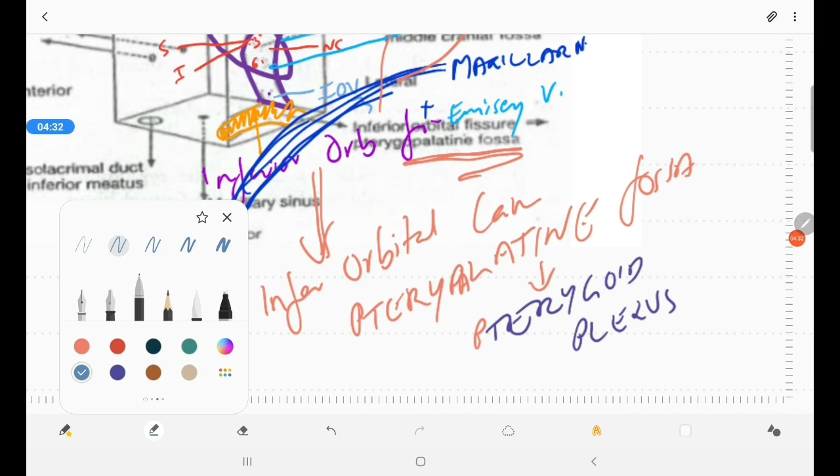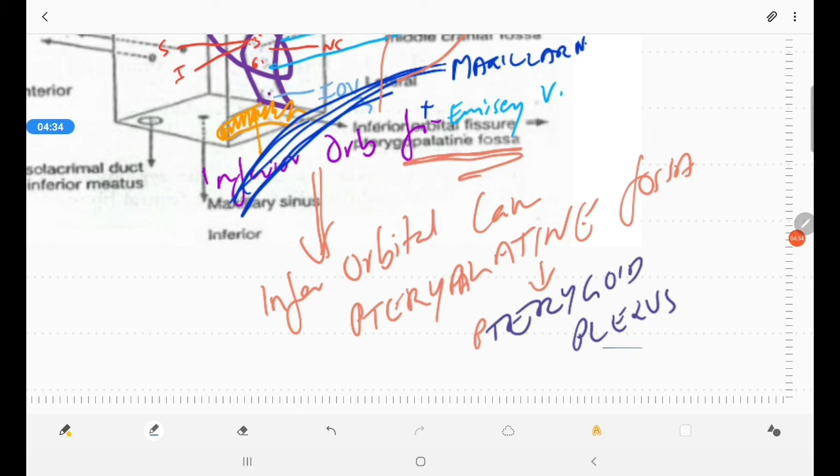Speaking about the pterygoid plexus, you should know that the emissary vein which we discussed is passing through the inferior orbital fissure, and is actually connecting the ophthalmic veins to the pterygoid plexus.